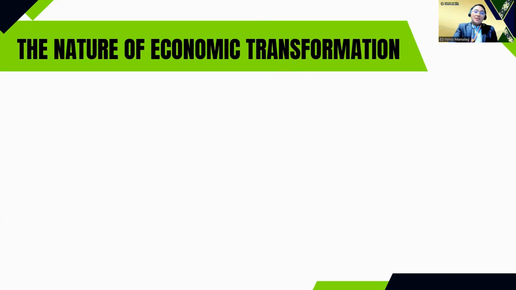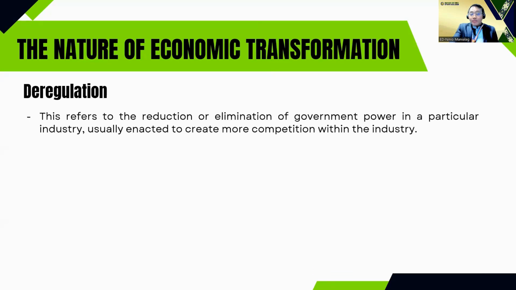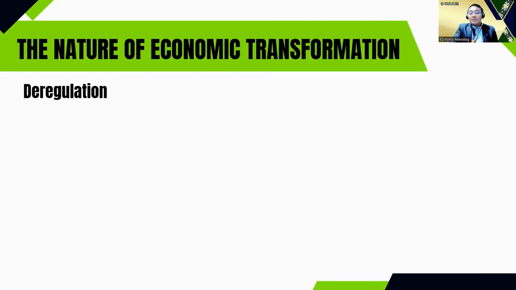Now, let's take a look at the nature of economic transformation. Before discussing deregulation, the nature of the economic transition or transformation is actually a pivotal aspect of modern economic discourse, particularly as it pertains to the shift from a command to a market-based system.